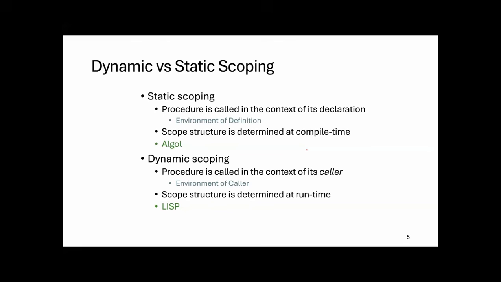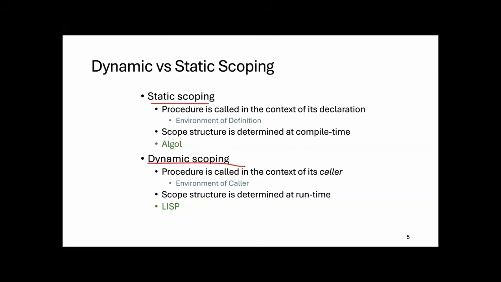And that's what happens in languages like Algol. In dynamic scoping, the procedure is called in the context of its caller. So wherever it is called, not where it is defined. So static scoping is basically about where you first define and declare the function. That's how we're going to get the values for its variables.